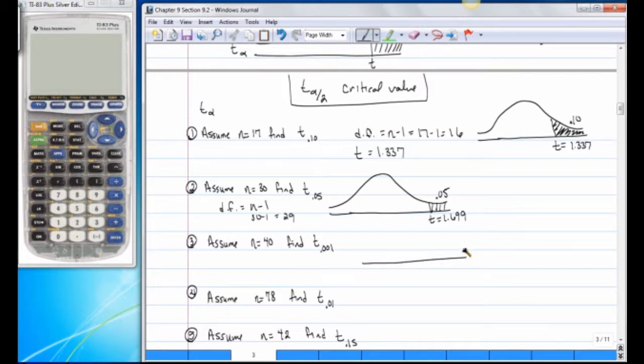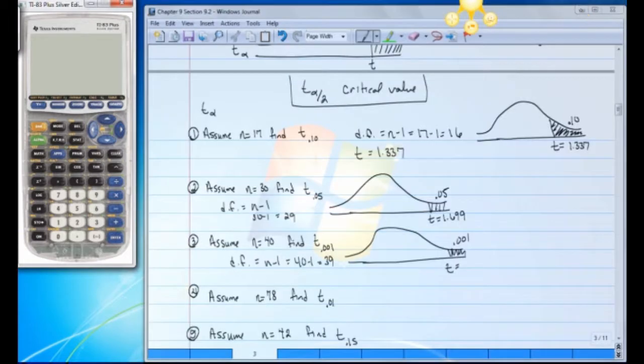Alright. Now we're looking for t sub alpha, and alpha is 0.001. Looking for the t-score that makes that happen. The degrees of freedom is n minus 1. 40 minus 1 is 39.